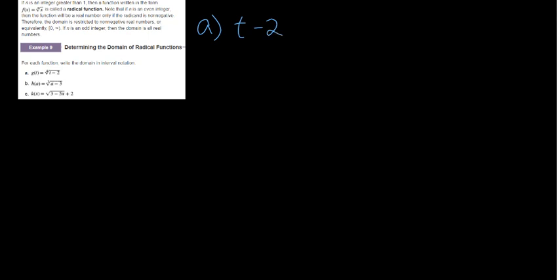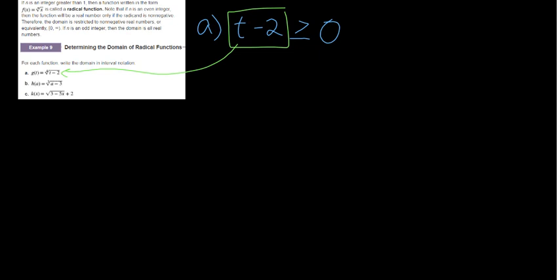I know my radicand must be non-negative, right? And so how would I write that? Well, non-negative would be any number that is greater than or equal to 0. Does that make sense? So I need to make sure this number here, which is the same number inside here, I'm going to figure out what numbers I can use.